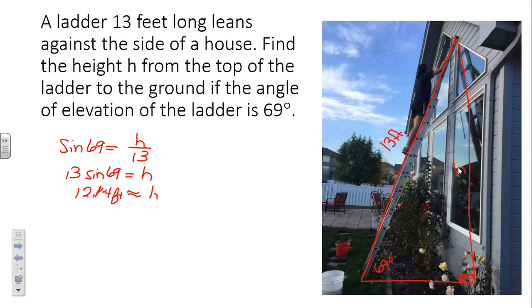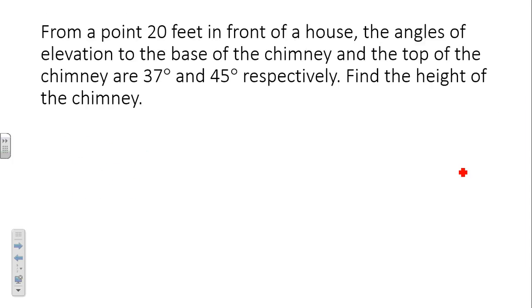All right. So here's where they don't give you a picture. Okay. A point 20 feet in front of a house. From that point, there are two angles. The angle of elevation to the base of the chimney and the top of the chimney are 37 and 45 degrees respectively. Find the height of the chimney.